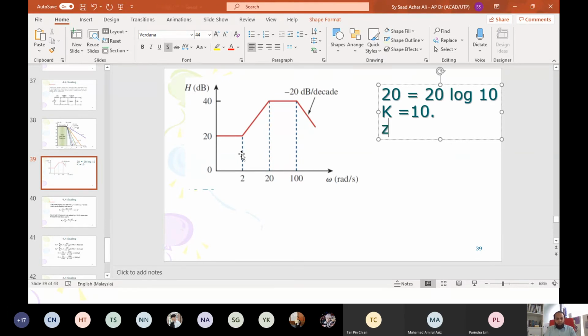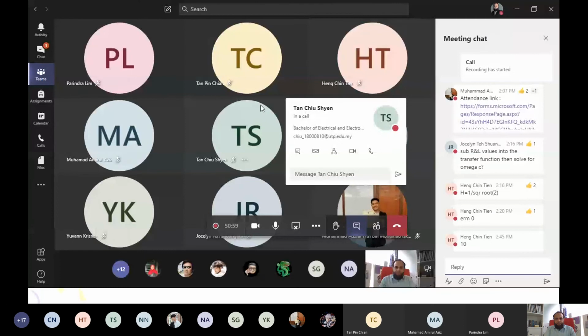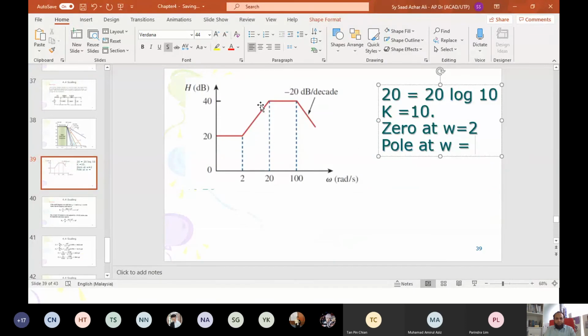This means a zero at omega equal 2, and this is going until 20. After 20, this plus slope is somehow cancelled. Can I say that there is a pole at omega equal? What do you think?